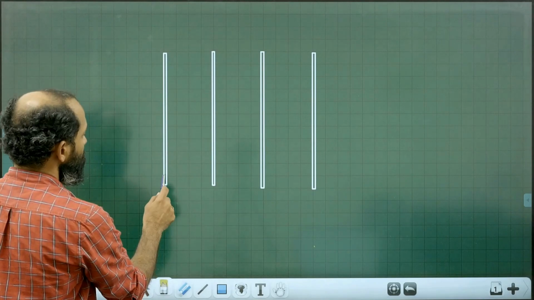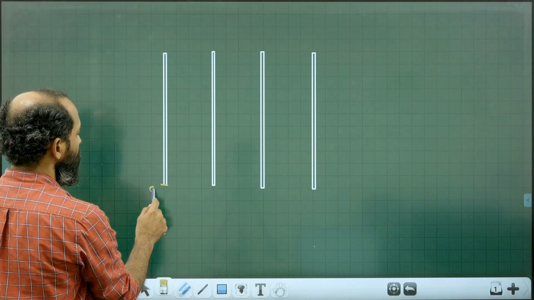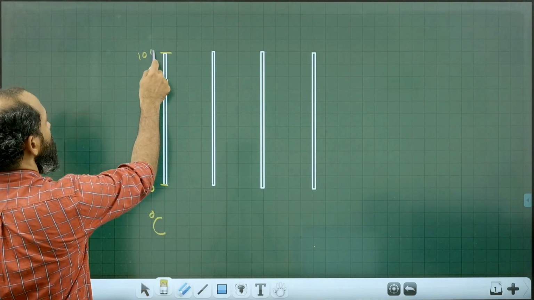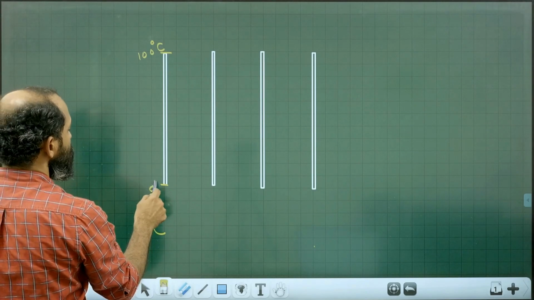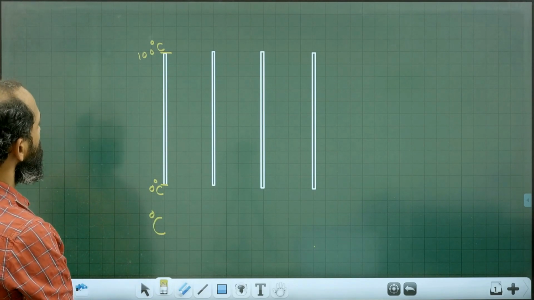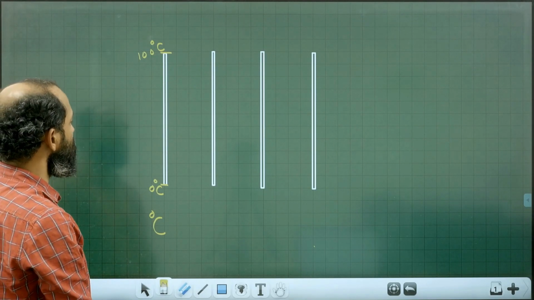For example, in the degree Celsius thermometer, the lower fixed point is chosen as 0 and the upper fixed point is chosen as 100, where 0 stands for 0 degrees Celsius, the melting point of ice at sea level, and 100 stands for 100 degrees Celsius, the boiling point of water at sea level.